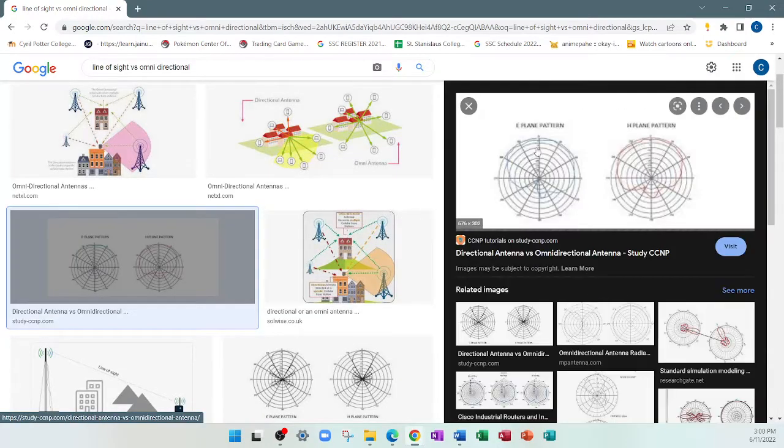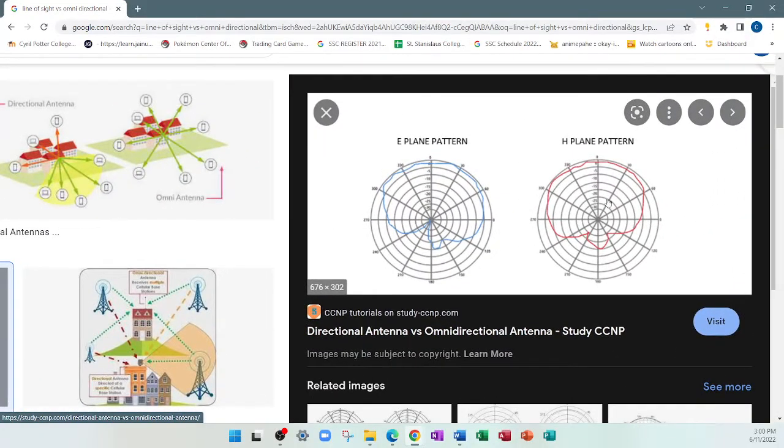basically like this here. Think of the center of this circle as being the antenna, and it broadcasts a signal around in a full 360 degrees. It doesn't matter where you go, you'll be able to access that signal.